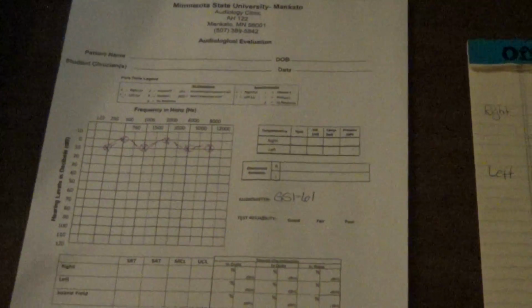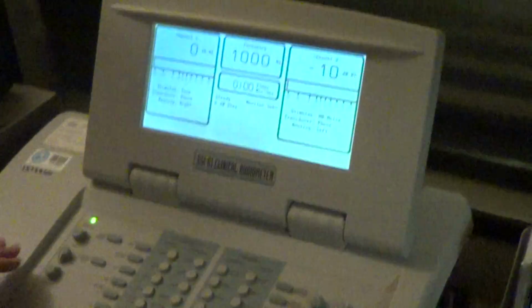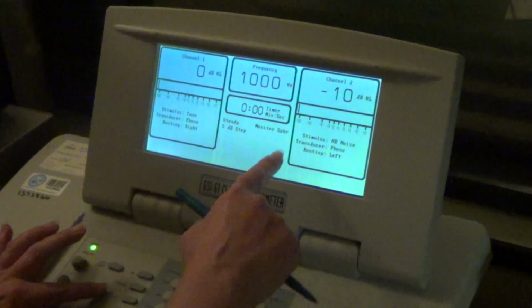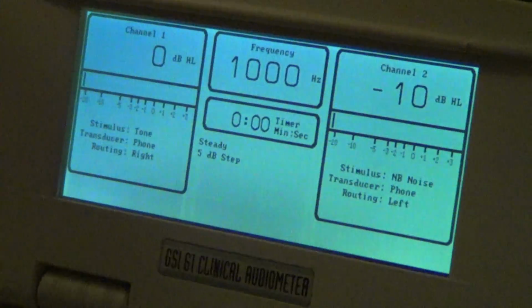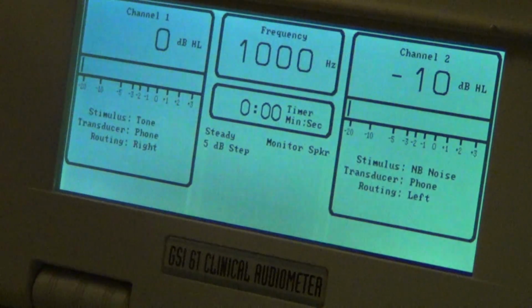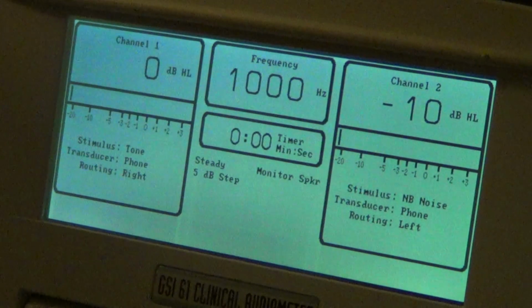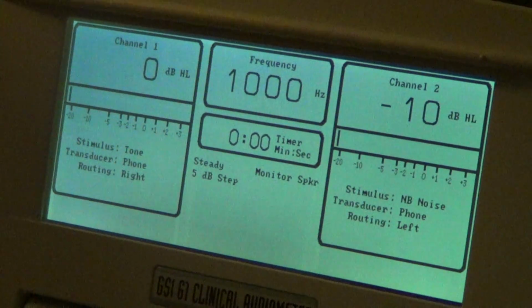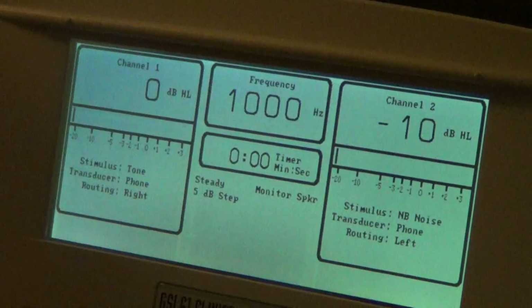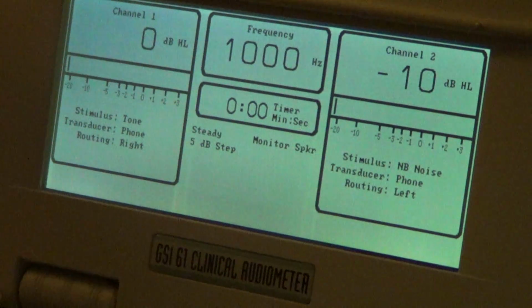Next thing we're going to do is set up the audiometer. What we want to do is make sure always that we have our monitor speaker button on. This is so that I can hear the patient in case they're in distress or anything else. For speech, we start off with changing our stimulus to microphone.